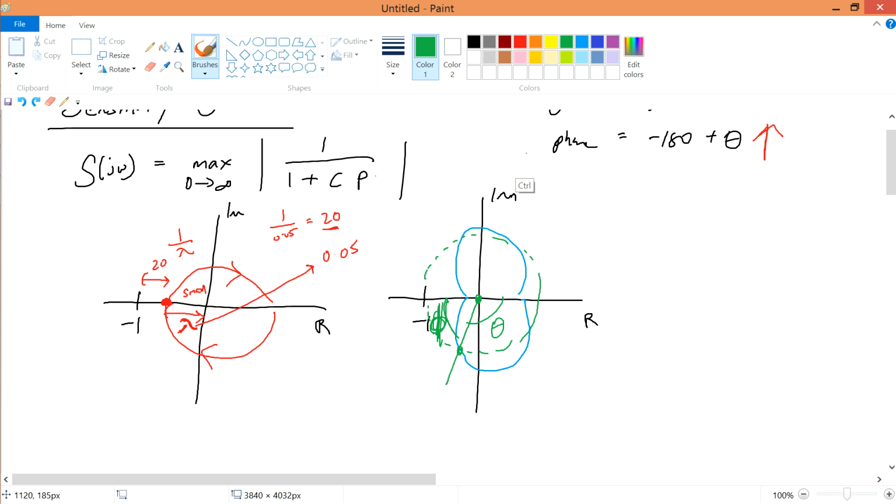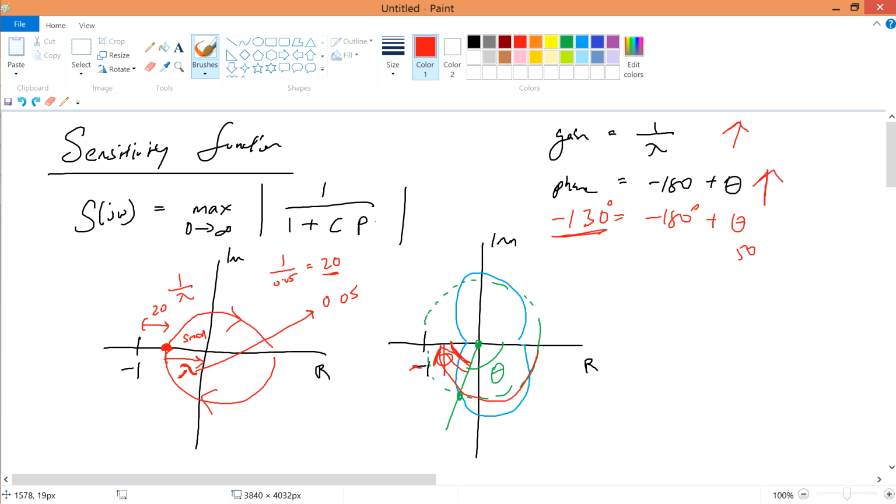This is the phi angle, and this whole thing is -180 degrees plus theta. If theta gets smaller, maybe 50, I'll have more phase margin. This means I am further from the -1 point, so I'm safer from -1. So gain and phase margin are simply that: the higher the number, the safer you are.